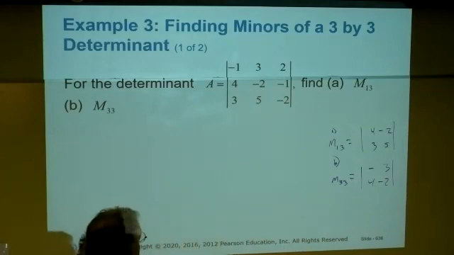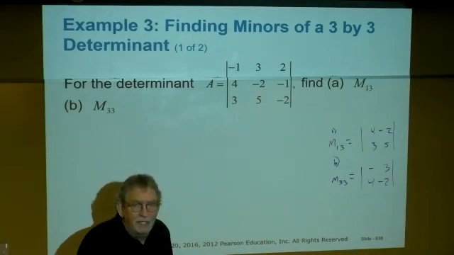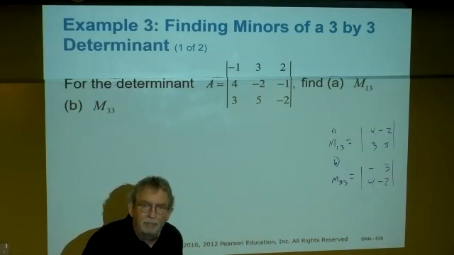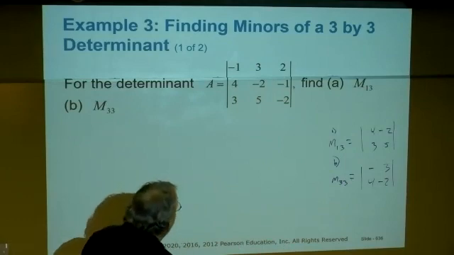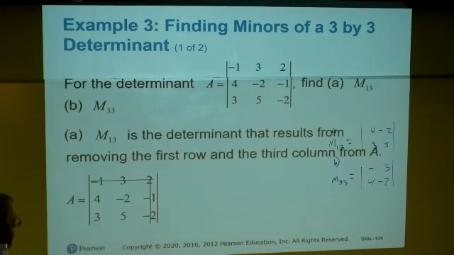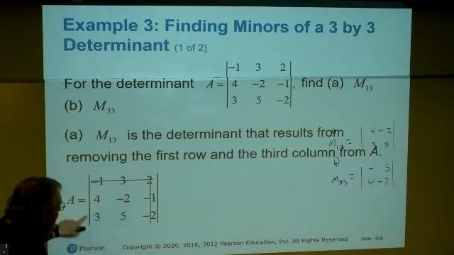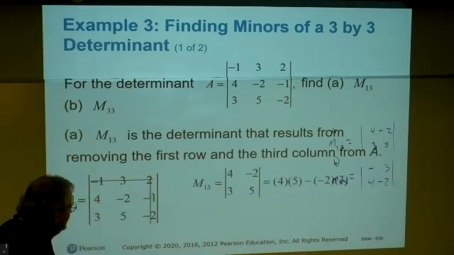But it simplifies my calculations to keep doing it in the same manner. That's why I always do the first row. And so, if this is the determinant we're trying to find, this is the minor for this entry.